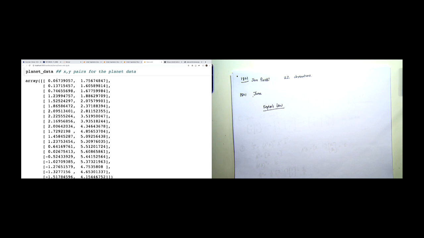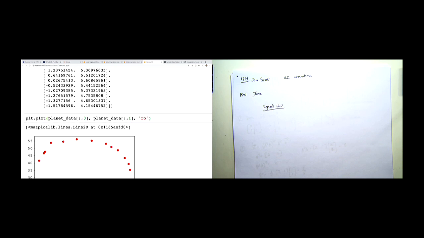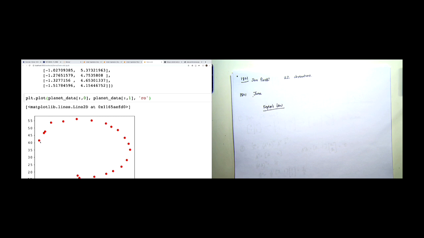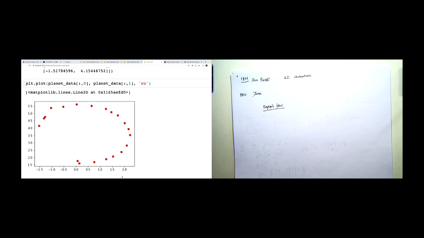We want to predict future paths of this given this data, right? And so I have this planet data and I can plot it. And I want to say, let's say I've observed this over time and I want to figure out where exactly I can make a prediction. But how do I go about doing this, right?